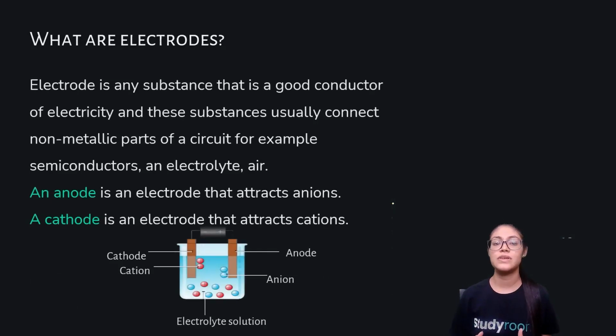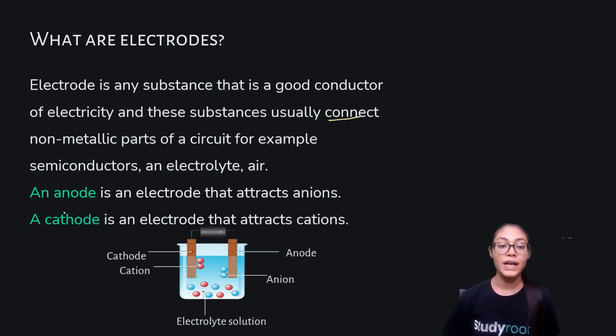What are electrodes? An electrode is any substance that is a good conductor of electricity. We always choose an electrode of a material which is a good conductor of electricity. These substances usually connect non-metallic parts of a circuit, for example, the semiconductor or the electrolyte. This is the electrolyte solution.